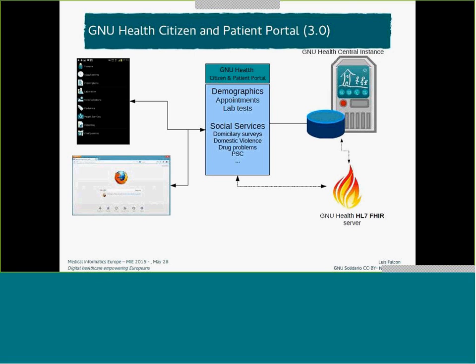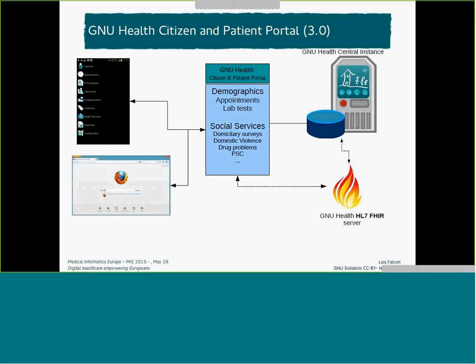But you will be able to deal with updating your demographics, doing appointments, reporting any problems that you might see within your family or within your neighborhood.